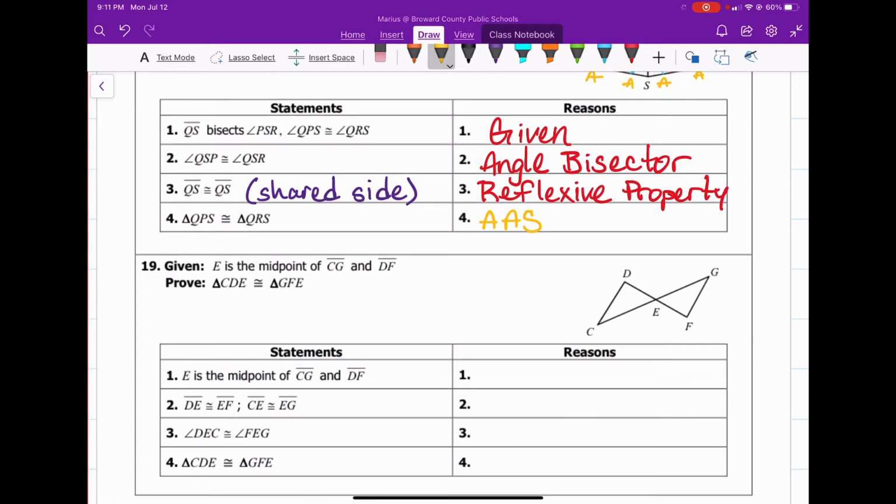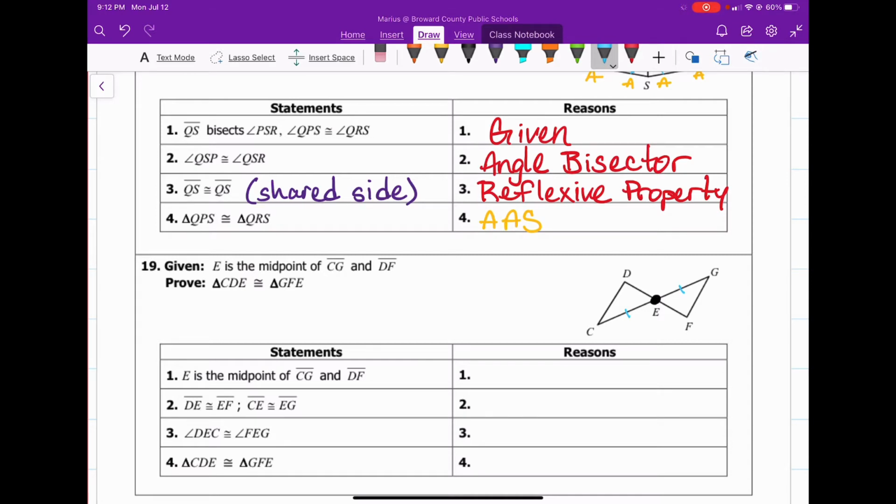All right, number 19. The given information says E is the midpoint of segment CG and segment DF. If that's the case, first let's identify E. E is right here. Let's use the black. Here's E, and it's the midpoint. So if it's the midpoint of CG, then CE is congruent to GE.